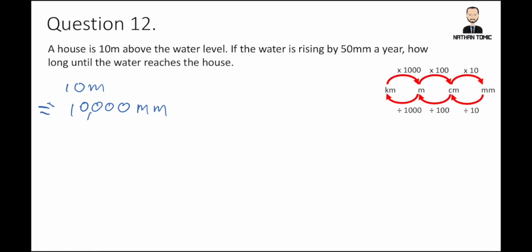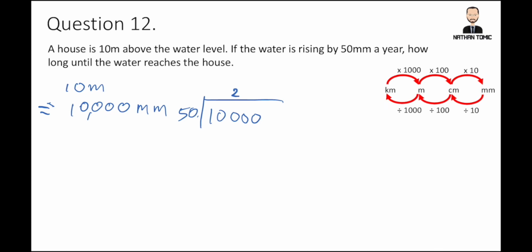So if I do 10,000 divided by 50, okay, so I've got 50, can't go, can't go, can't go. So then 50 into 100 goes twice, okay, with nothing left over.